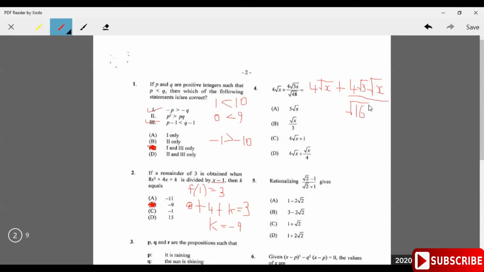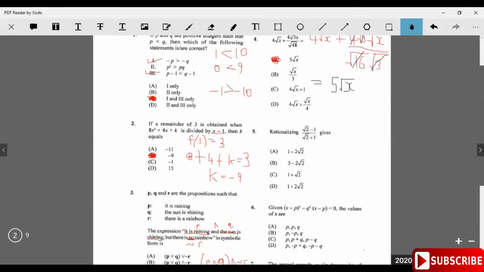That's the root of 16 times the root of 3. Now, look at this. The root of 3 is going to cancel the root of 3. 4 is going to cancel the root of 16. So what we're left with is 4 root x plus the root of x, which is 5 root x. That is just option A. Easy question.